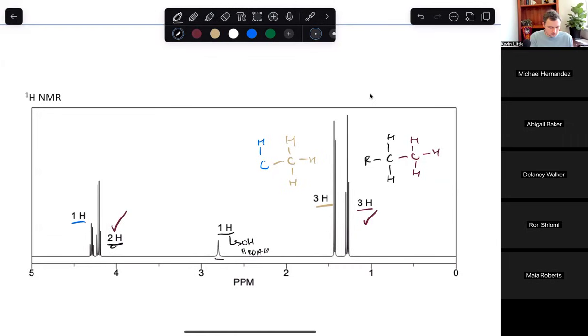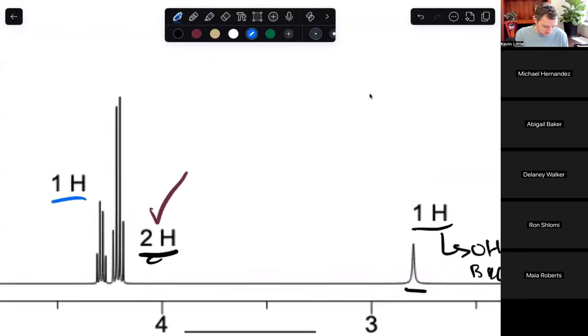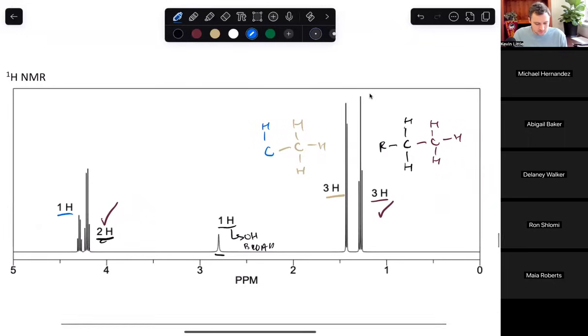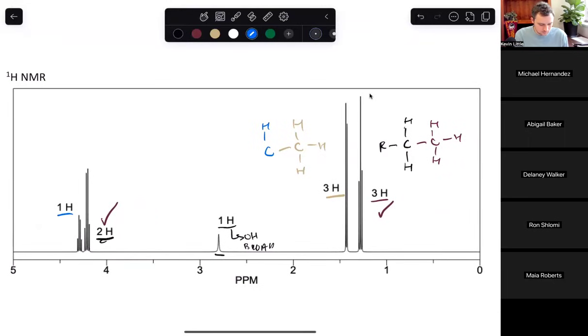So I have my CH peak, which looks to be a quartet. So it has three neighbors, so that checks out, right? I'd expect this blue CH to have three neighbors just based off what this is.